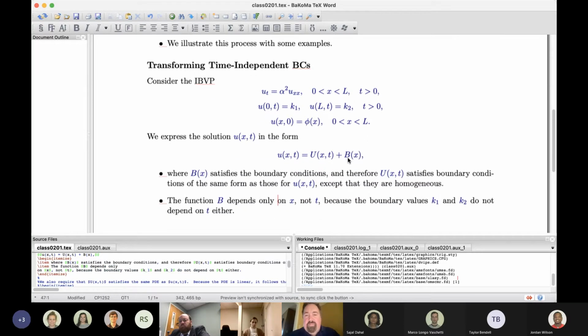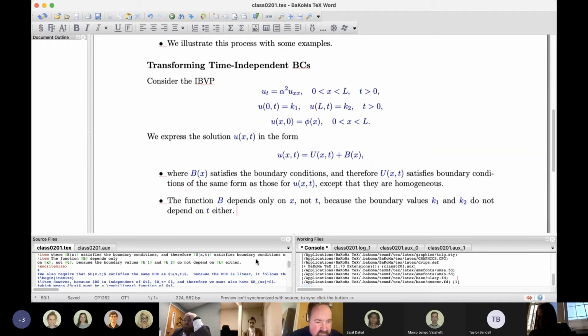The reason capital B only depends on x rather than x and t both is that the boundary conditions do not depend on t. Therefore, capital B doesn't either. So we're just going to find some function capital B that satisfies these boundary conditions and subtract it off. The idea is to find the simplest function, capital B, that will satisfy these.